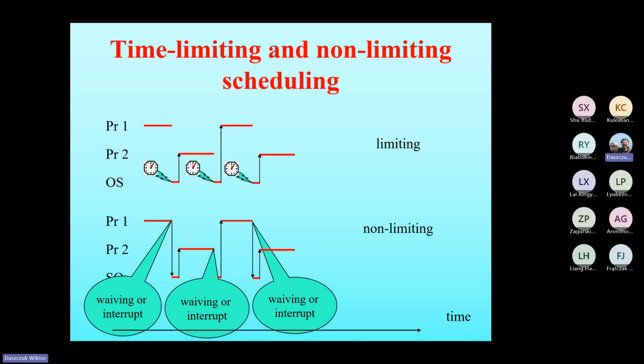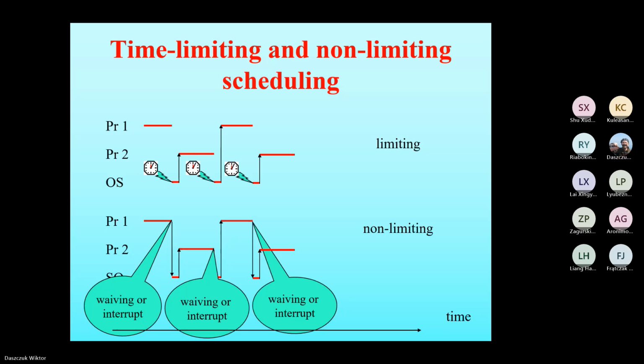Process 1, process 2, process 1, process 2. We guess that it comes from the round robin algorithm. When the taking back of the resource is because of waiving from using the resource, it is non-limiting the time.